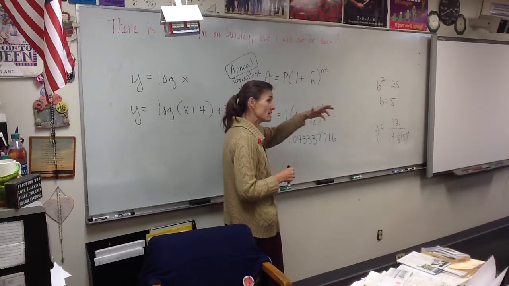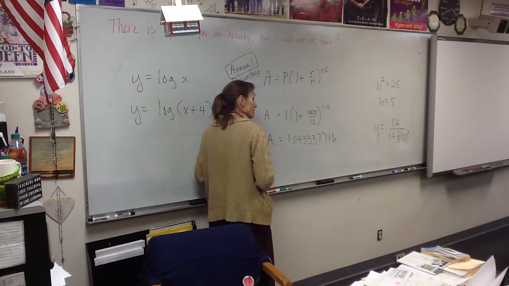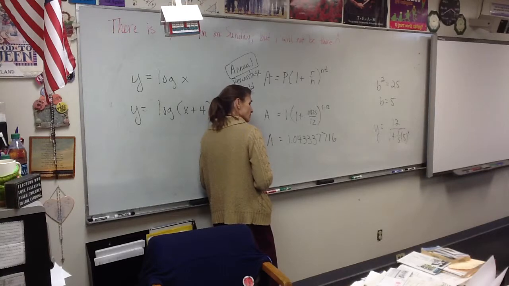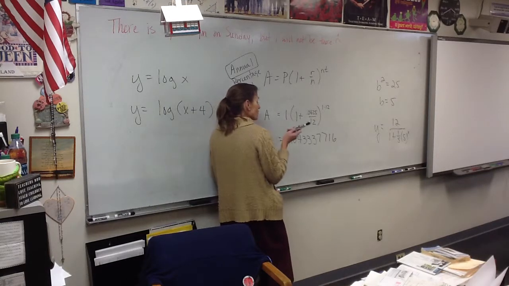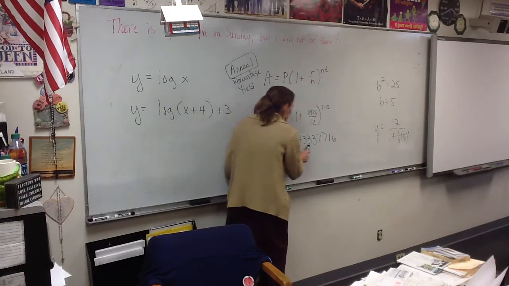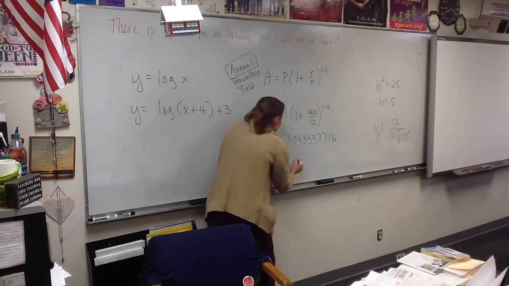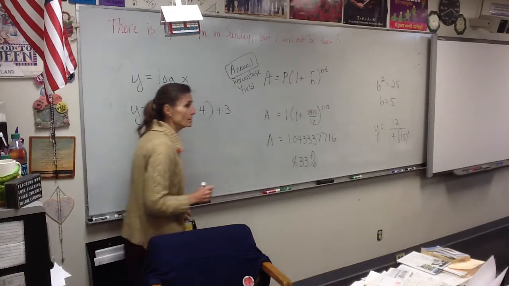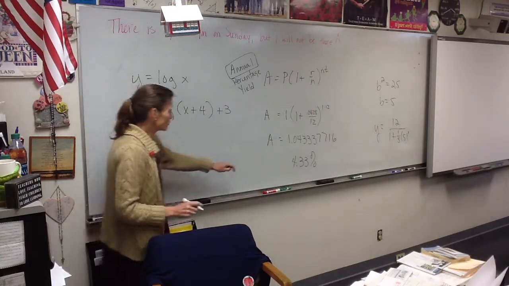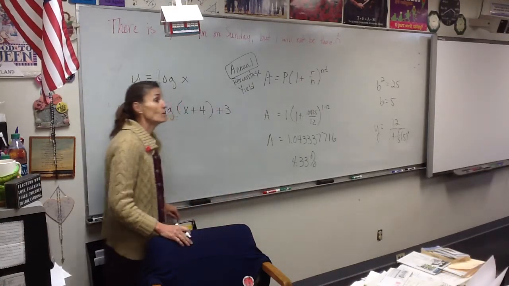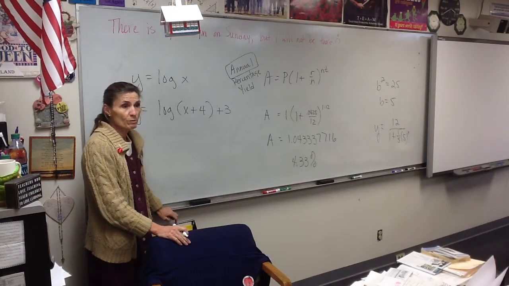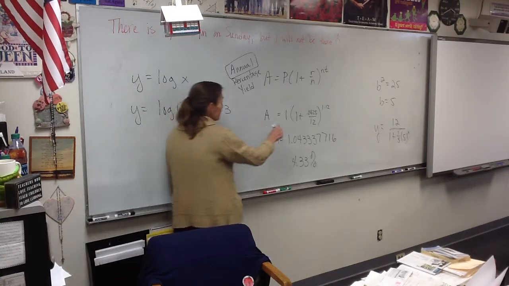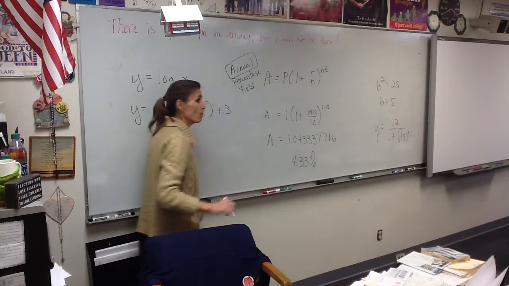So after a year of doing that, Alex, are you awake? After a year of doing that, I actually accumulated a little bit more than I thought I would. My annual percentage yield was actually 4.33%, even though the advertised rate was 4.25%.